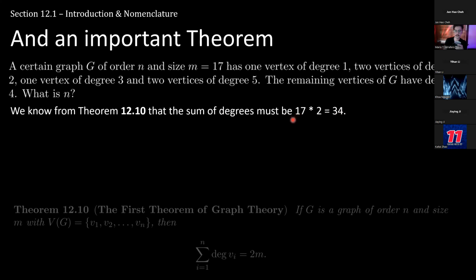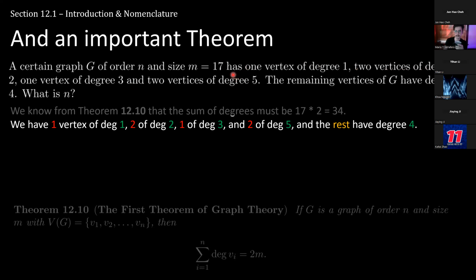So now we're missing the order n. We know the sum of the degrees, and we have a bunch of vertices here, and we're told what the degree of each vertex is. We're not told the number of vertices of degree 4, but we know that the rest of them, the ones that are not accounted for in this description, are the ones that have degree 4.